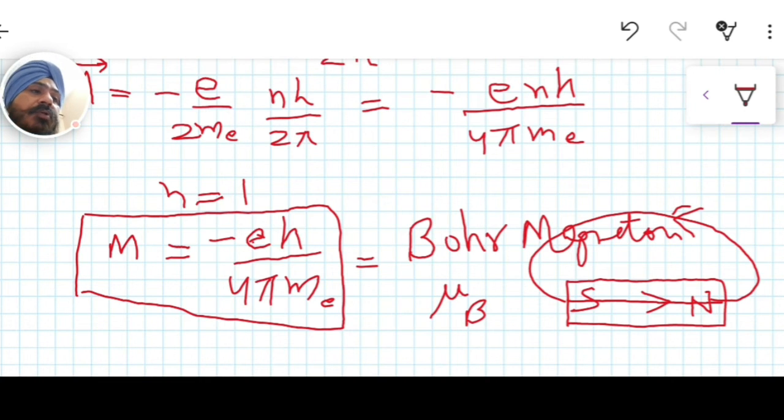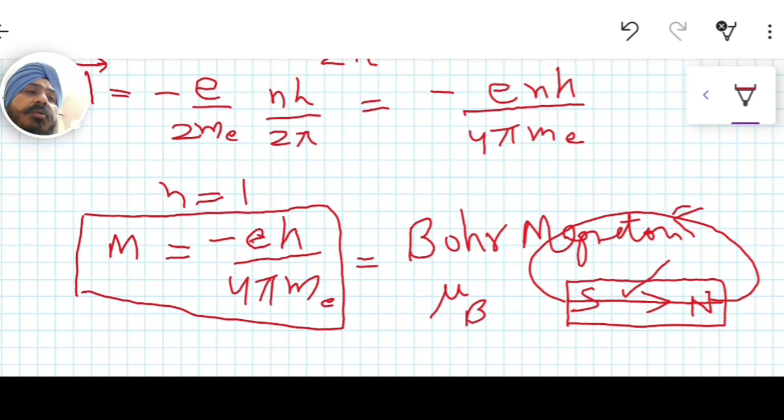Whenever you encounter a charge revolving around a positive charge, like in an atom, always consider the direction as inside the magnet. So if the electron is revolving anti-clockwise, the magnetic field will be from bottom to upward direction.